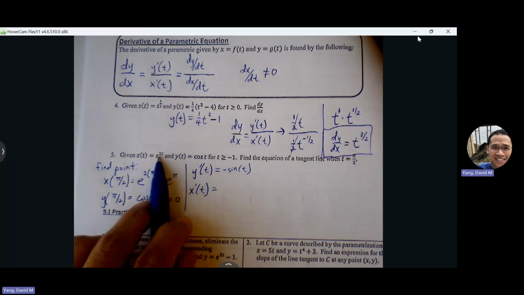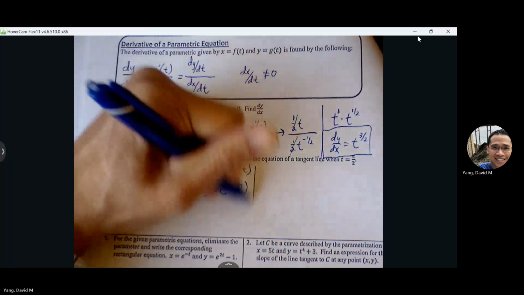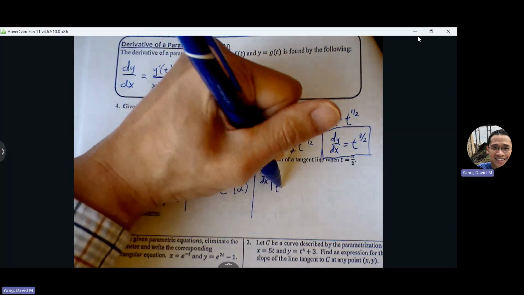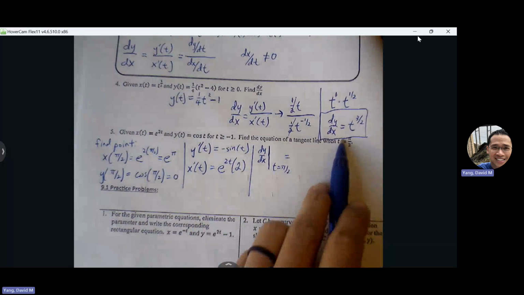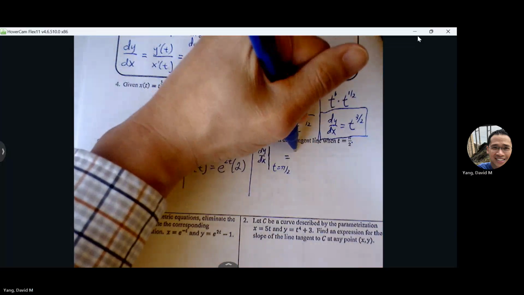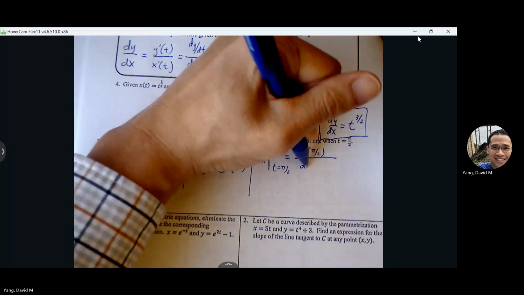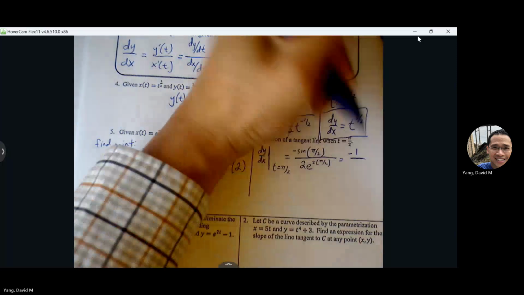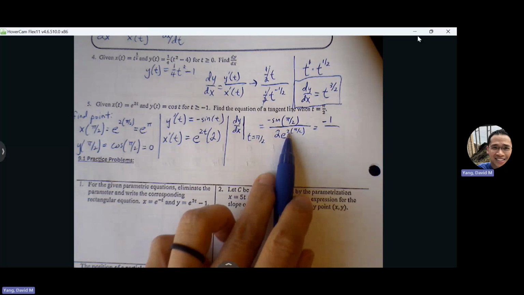X prime, e to the u is e to the u times u prime. So we know our slope at t equals pi over 2 is just this divided by this with the pi over 2 inserted. So sine of pi over 2 is just 1. The negative is going to carry over. 2 and pi over 2 just becomes pi. So 2e to the pi.